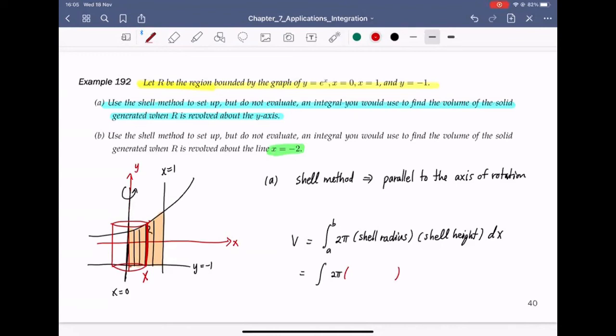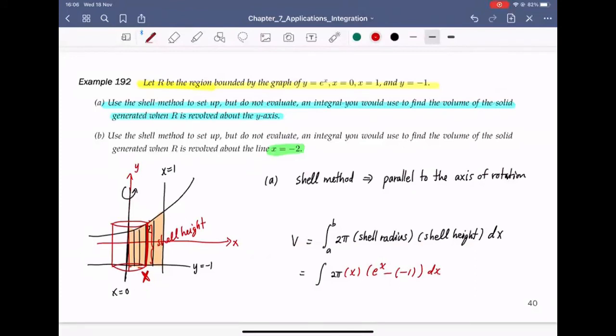Because at a fixed value x, you find the difference between the radius here, which is x minus 0, which is x. This is your shell radius. And then your shell height is here. For sure, this is e to the x because it's the top one minus the bottom one, which is y equals -1.